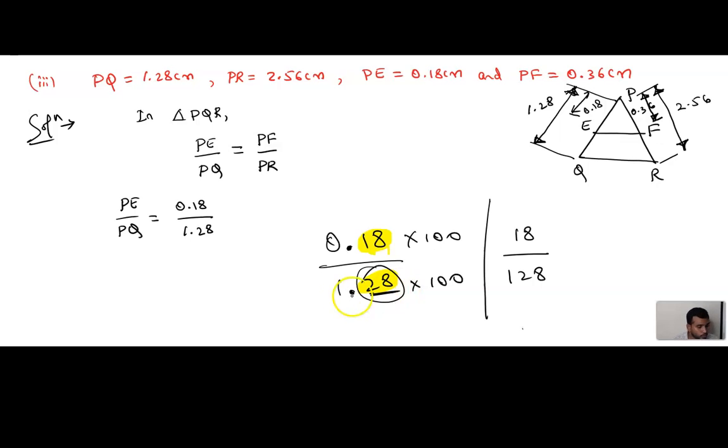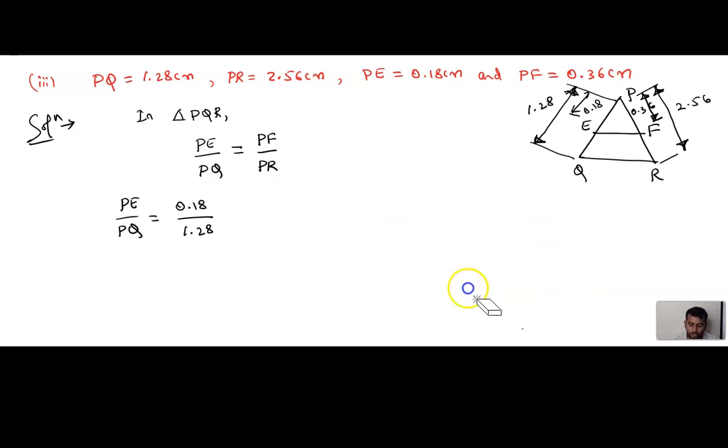So 1.28 into 100 becomes 128.0. 0.18 into 100 becomes 18.0. It is nothing but 18. Did you understand? Now you need not say that we are multiplying by 100. Directly you can write this as 18 and this is 128. Understood? Commonly we have removed 2 digits after the point, here also 2 digits after the point. So common is what?